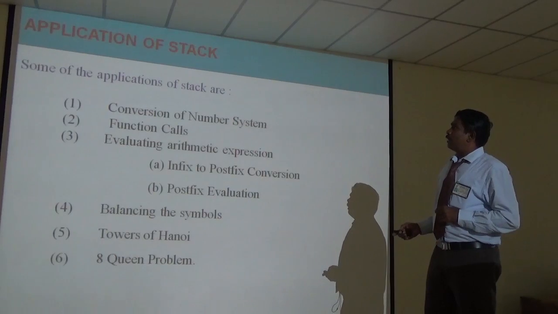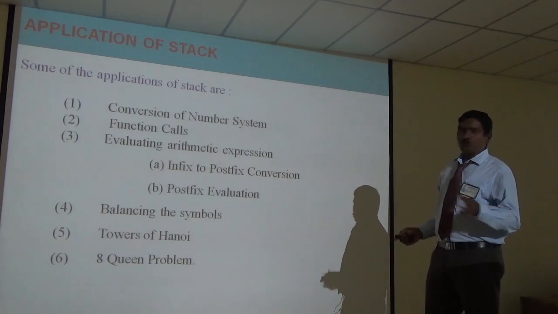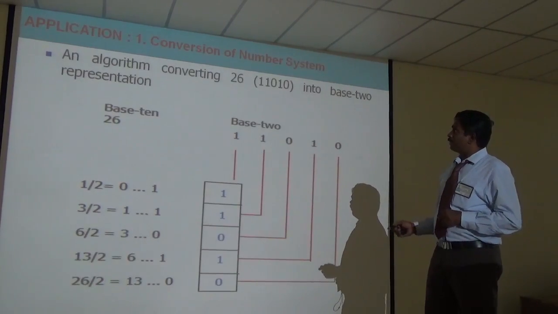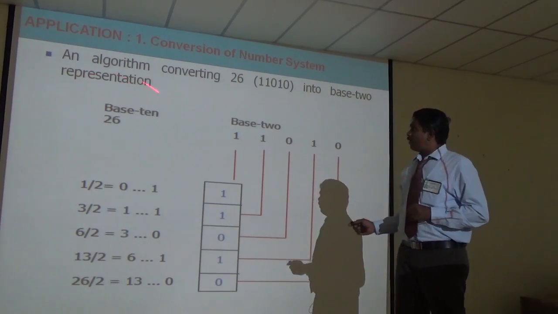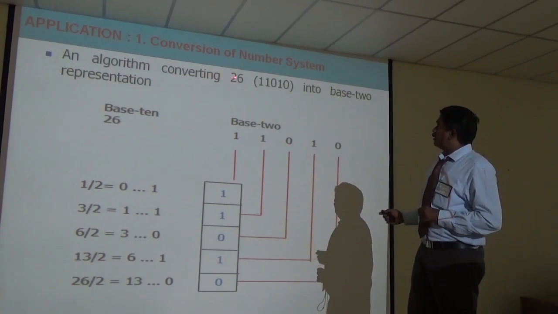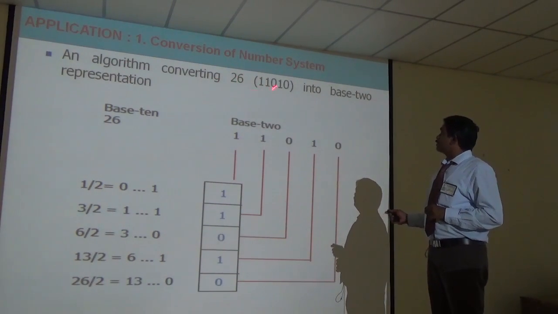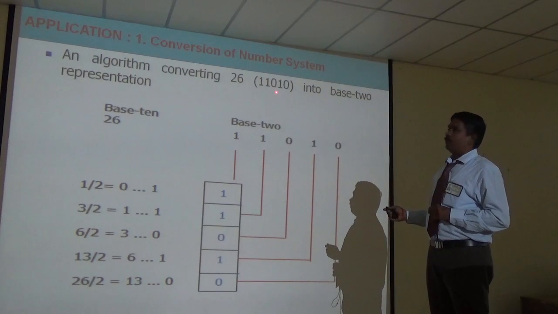Let us look at one or two applications. We start with the conversion of number systems, which is a very famous one. How do we convert the decimal number 26 into the binary number system?